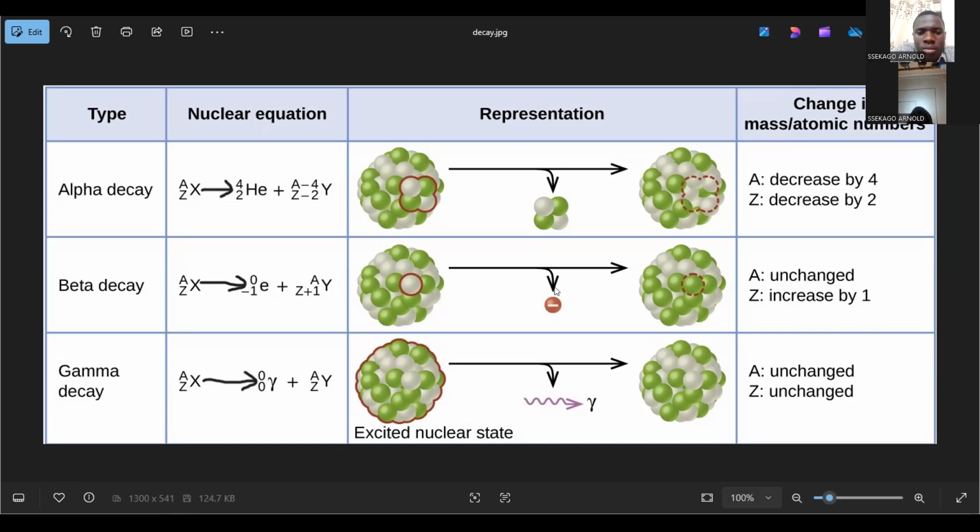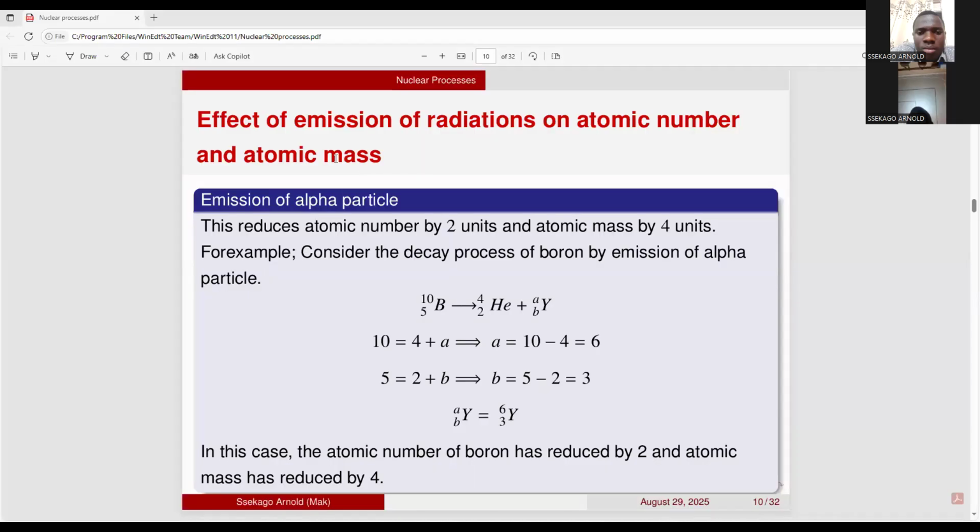To their atomic number and atomic mass, as we are going to see in this session. Allow me now introduce today's session formally. So today, basically, we are going to look at the effect of emission of radiations on atomic number and atomic mass.